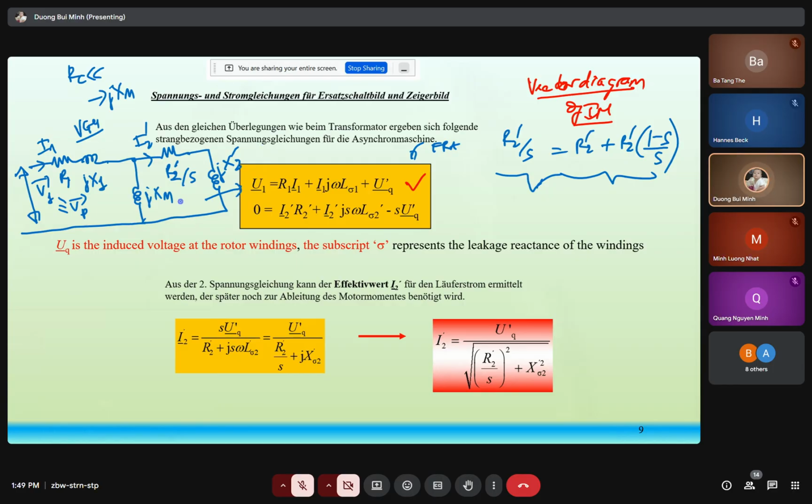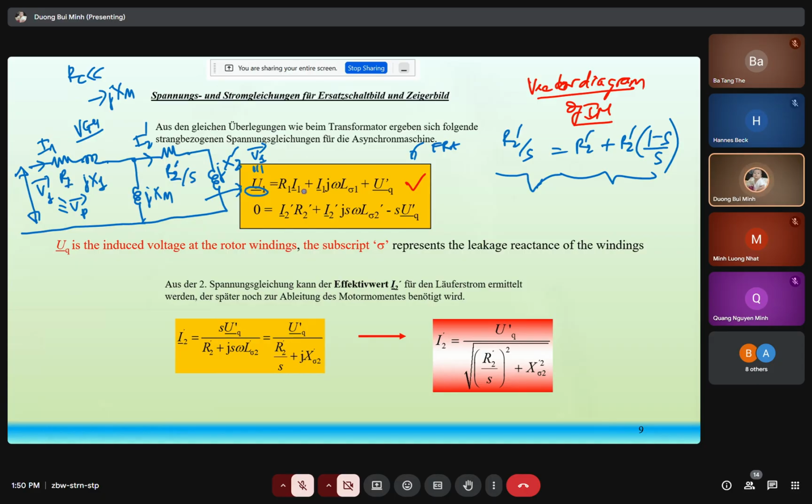Okay, so we have U1 mean V1, right? Yeah, the underbar means a complex number, a complex parameter. So R1, right?